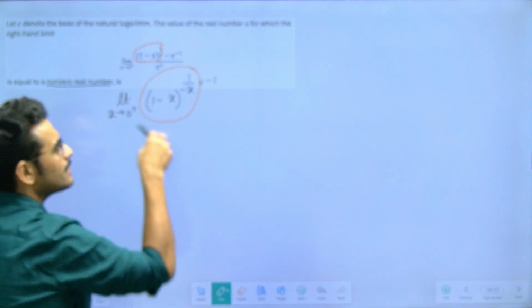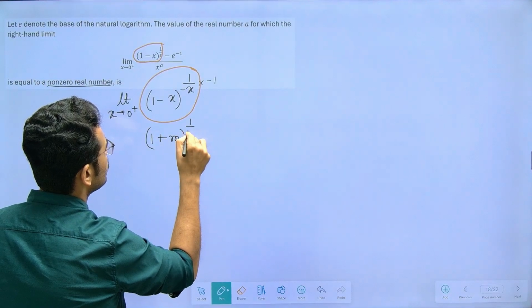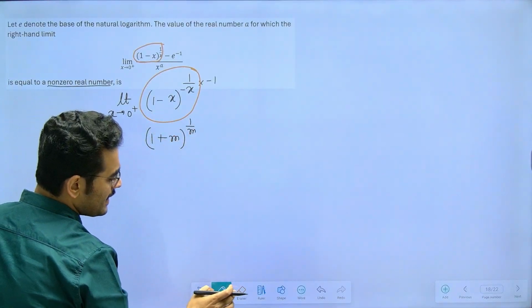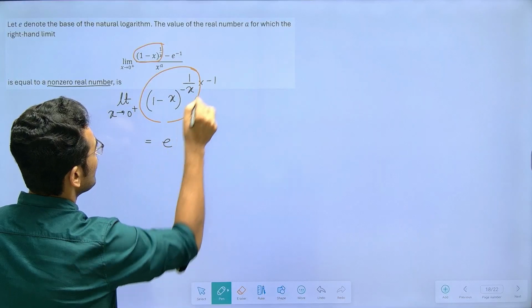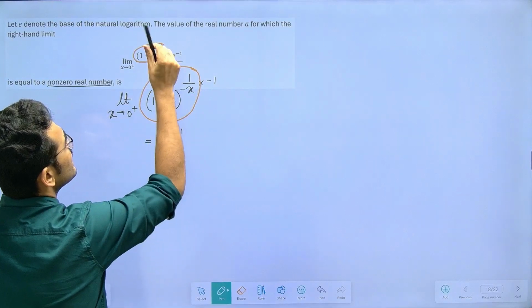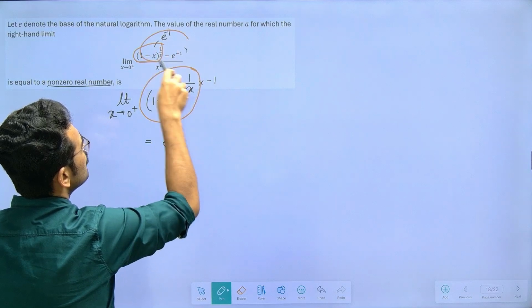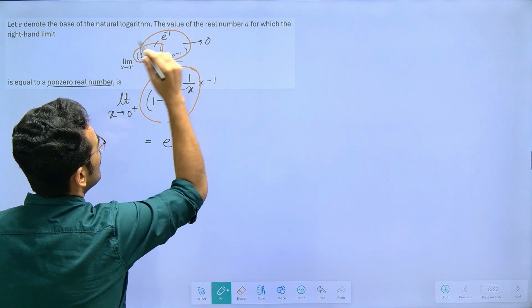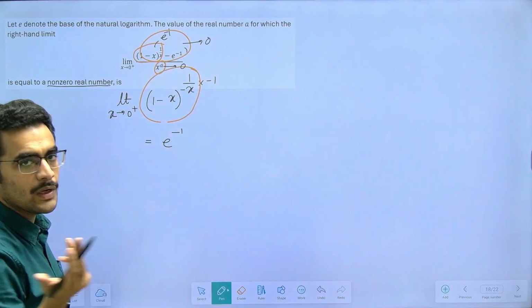This is the standard limit of the form (1 plus m) to the power 1 by m, where m tends to 0. So this limit tends to e, and finally to the power minus 1. So this is tending to e to the power minus 1 minus e to the power minus 1. That means the numerator is tending to 0 and the denominator must also tend to 0 only.